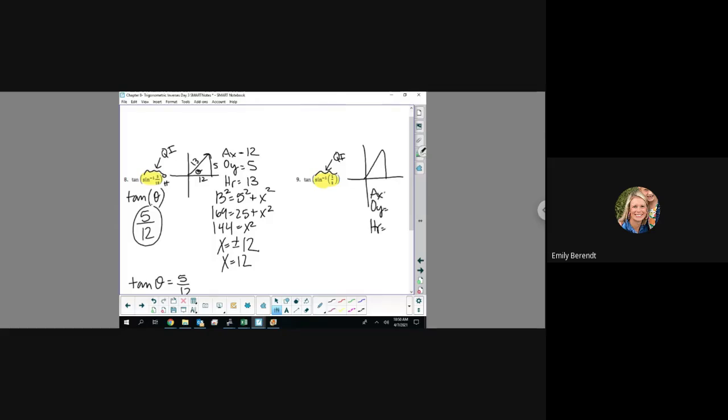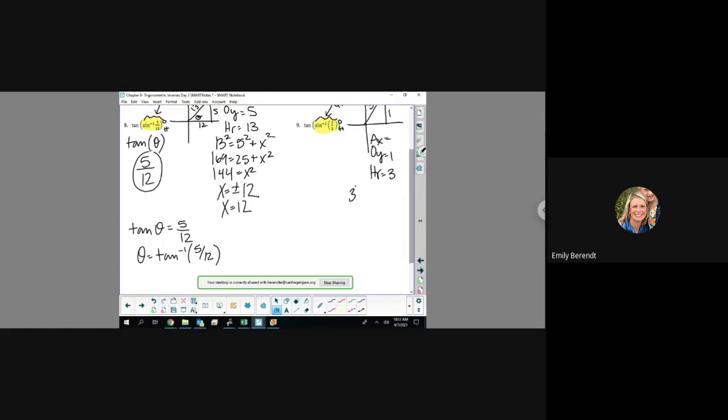We're working with sine again, and sine's ratio is O over H. So we know the y value is 1. The hypotenuse is 3. And this one is not a triple, like 1, 2, 3 does not make a triple. So we have to figure out what it is using Pythag. So we do 3 squared equals 1 squared plus x squared. 9 minus 1, subtract.